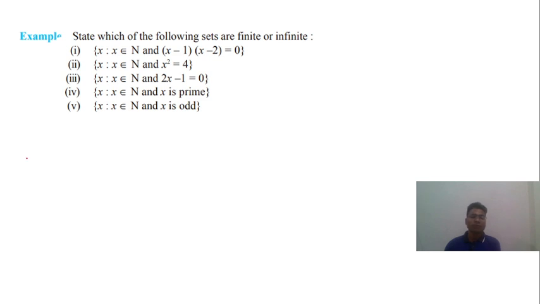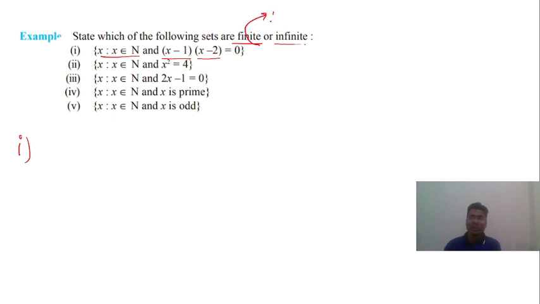I am going to solve some questions in front of you, where we have to identify which of the following sets are finite and which are infinite. How do we find out whether a set is finite or infinite?